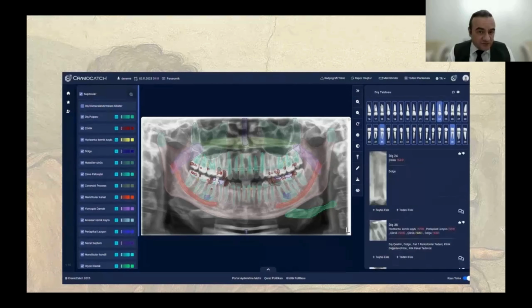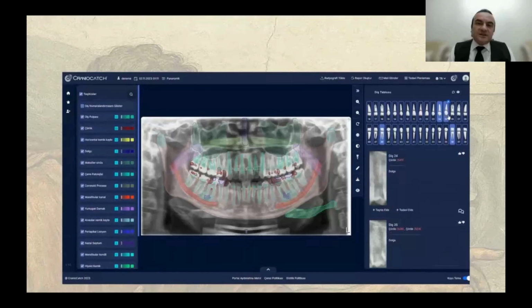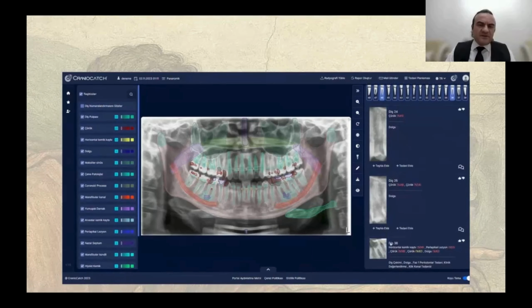You count the teeth, what is missing, what is not missing. We started from there, together with 2D imaging modalities, not just periapical or bitewing radiographs, but panoramic radiographs. Nowadays we can do the tooth numbering.